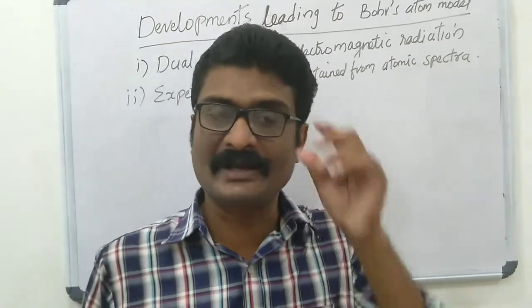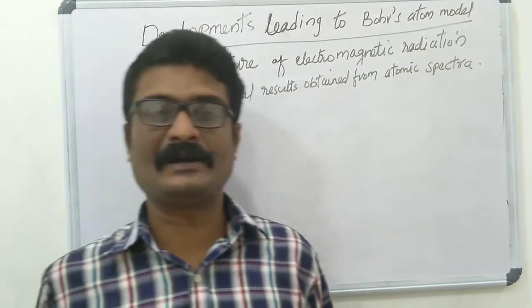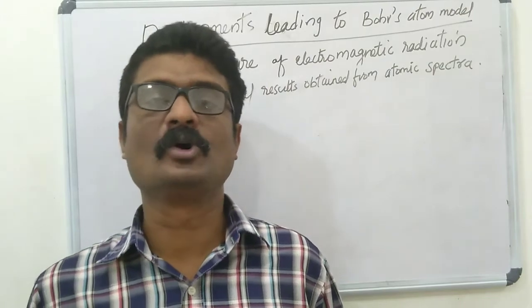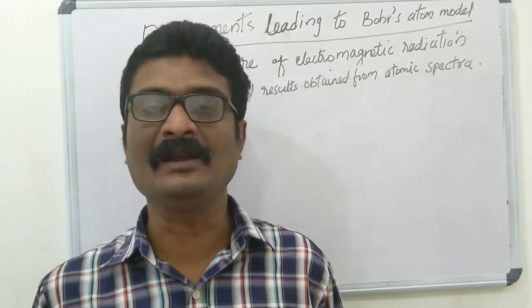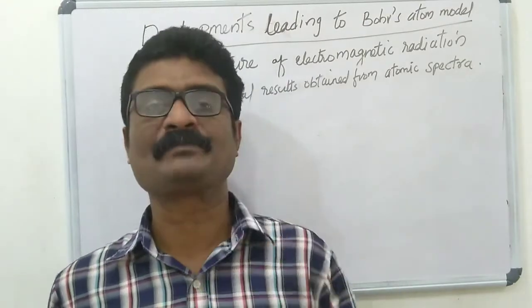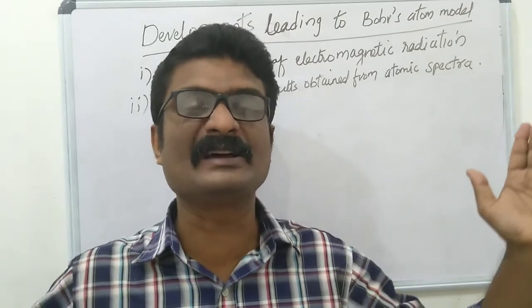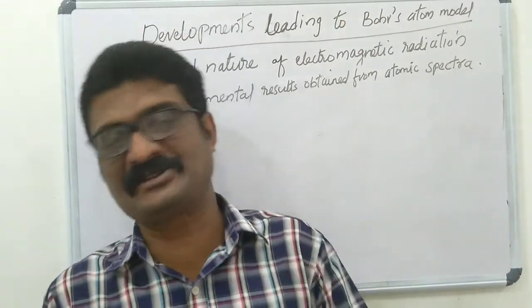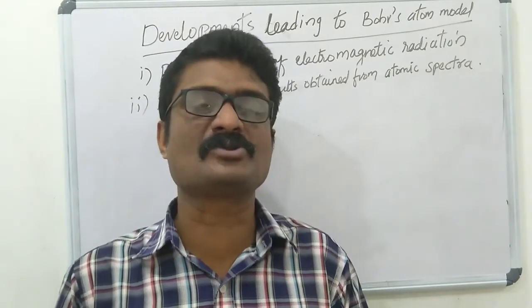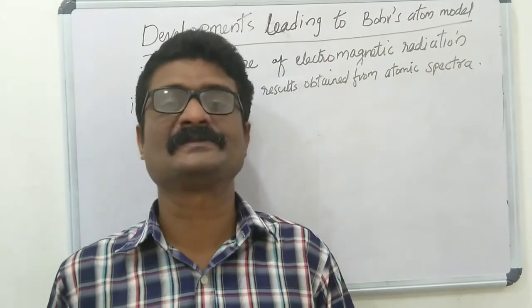Okay, students, today I am going to discuss the developments leading to Bohr's atom model. Please listen. The studies of interaction of radiation with matter provide more information about the structure of atom and the molecules.